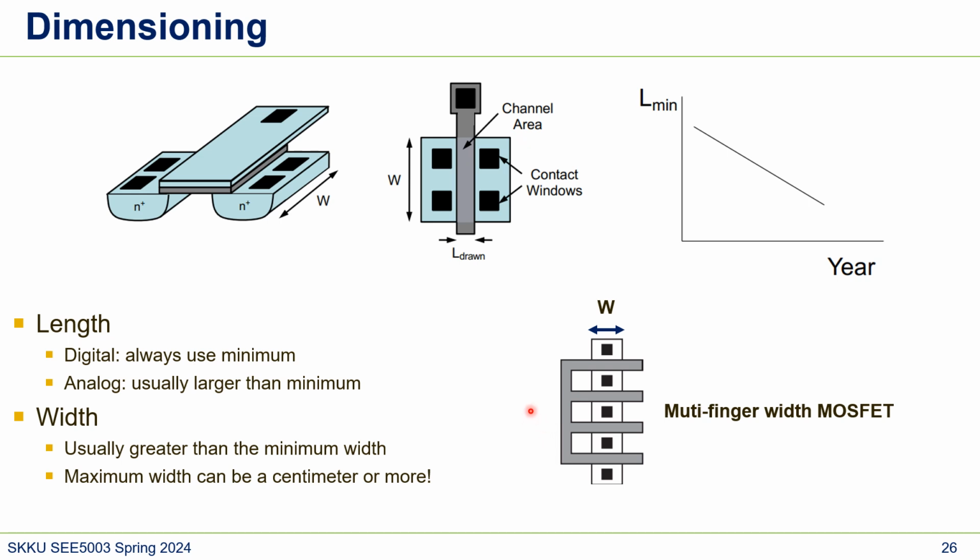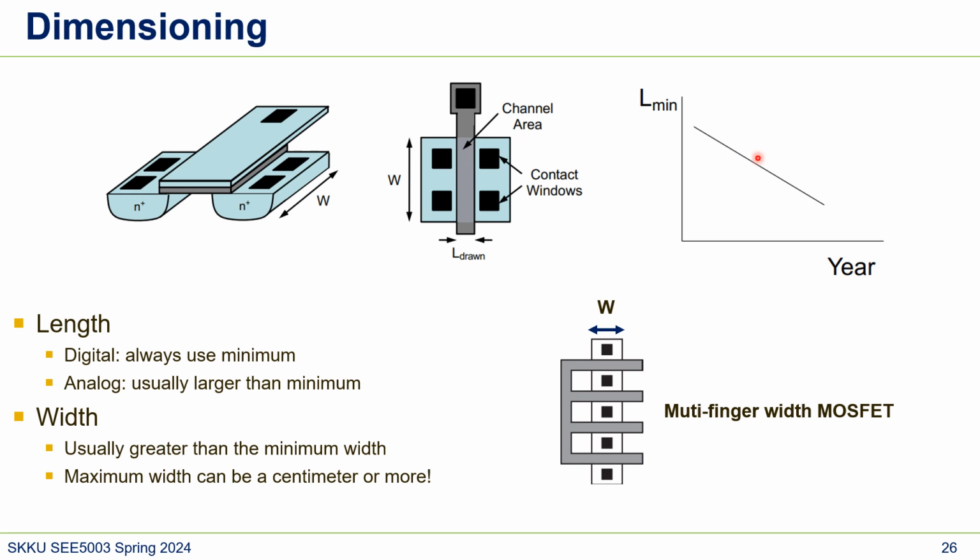Assuming there are 100 fingers, each width would be 1 centimeter divided by 100, which is 10 millimeters divided by 100, so 100 micrometers. Now that makes sense, right? So when we say centimeter, it means a total width. In long story short, the MOSFET has a huge dimension range.